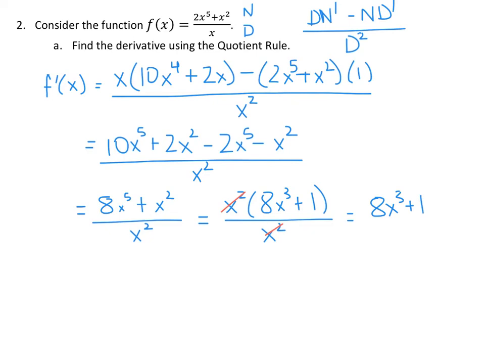Keeping in mind we have that restriction on the x. X cannot be 0. So our derivative then, f prime of x, we found to be 8x cubed plus 1 with x not equal to 0, since 0 is not in the domain of the function.